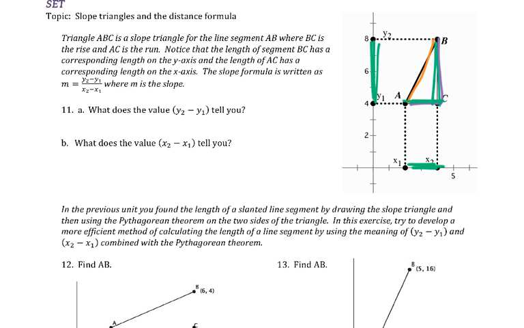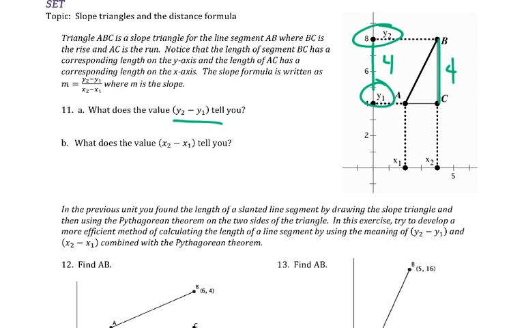The slope formula is written as the slope, m, equals y2 minus y1 over x2 minus x1, where m is the slope. So what does the value of y2 minus y1 tell you? Okay, well, if we look at this again, y2 would be up here at 8. To get minus y1, it would be 4.